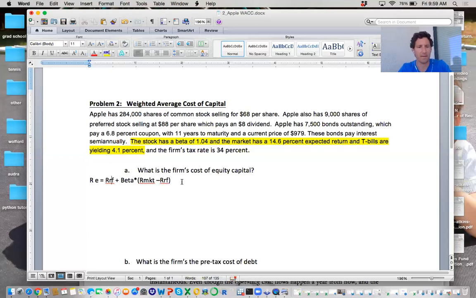Okay, so if you plug all this in, I got 15.02%.